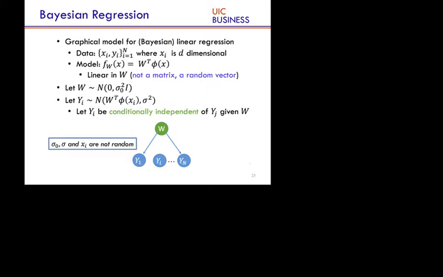But if you have a parameter which governs this random variable, then you can learn those parameters. Just like there's a variance parameter, there could also be a mean parameter, which I have not given here. And then yi, given w, is also drawn from a normal distribution with this as a mean and this as a variance.